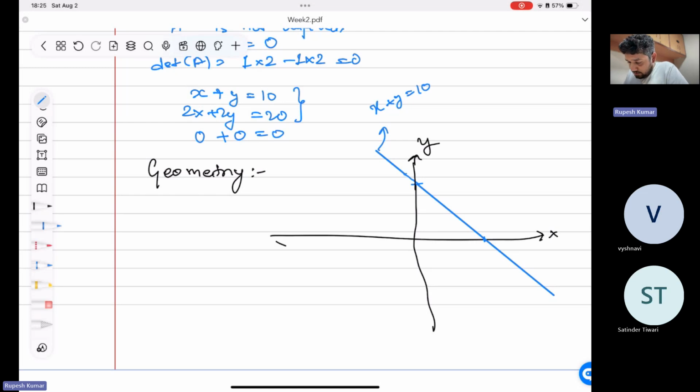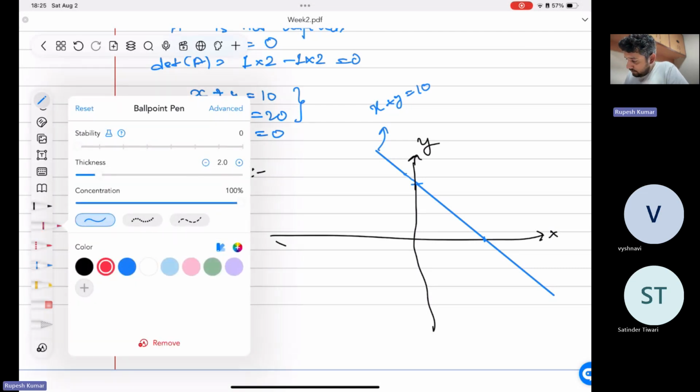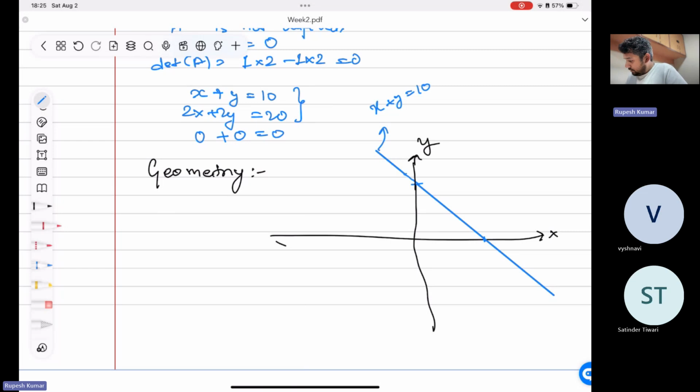And let's go on to our second line, which says 2x plus 2y equals 20. So when x equals 0, y equals 10. Again, when y equals 0, x equals 10, right?